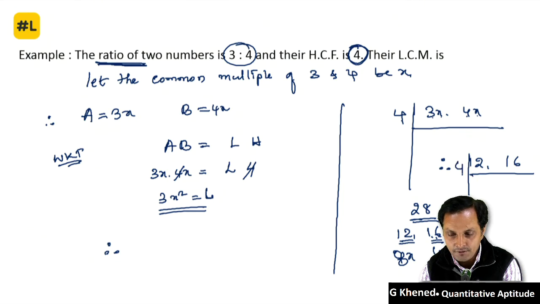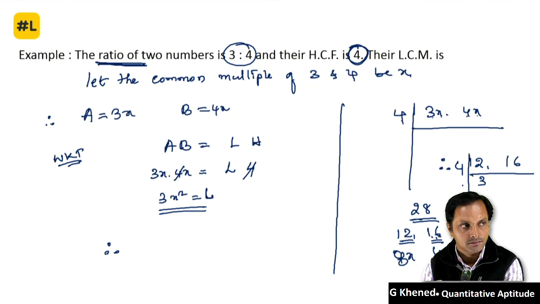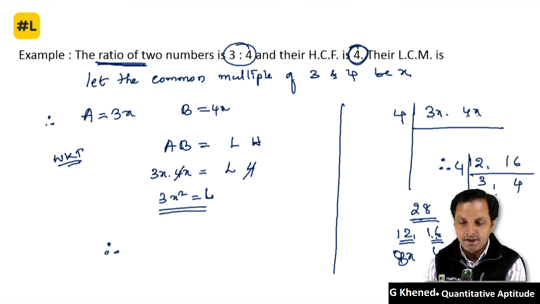When you divide, 4 3s are 12, and 4 4s are 16.